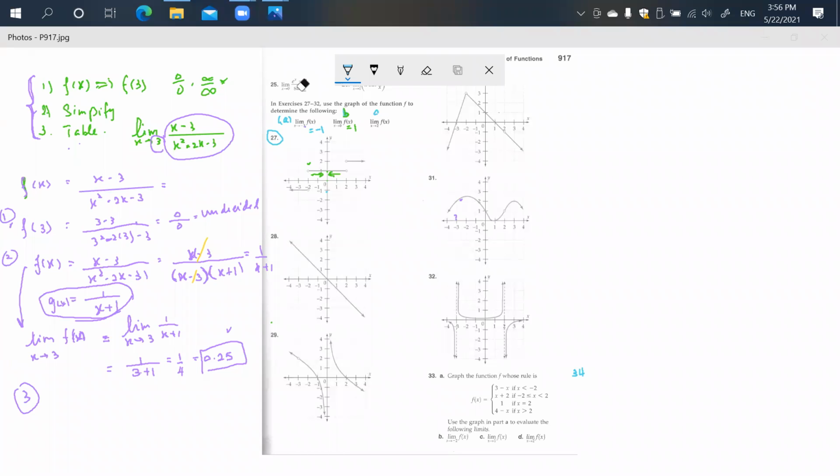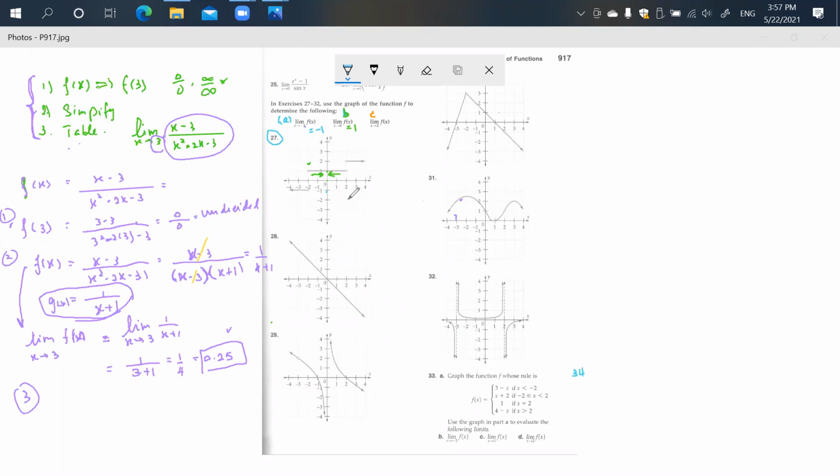Now come to question C. I use a different color, okay? So question C here: limit of f(x) when x approaches 2. So you see where x close to 2 is right here, right?